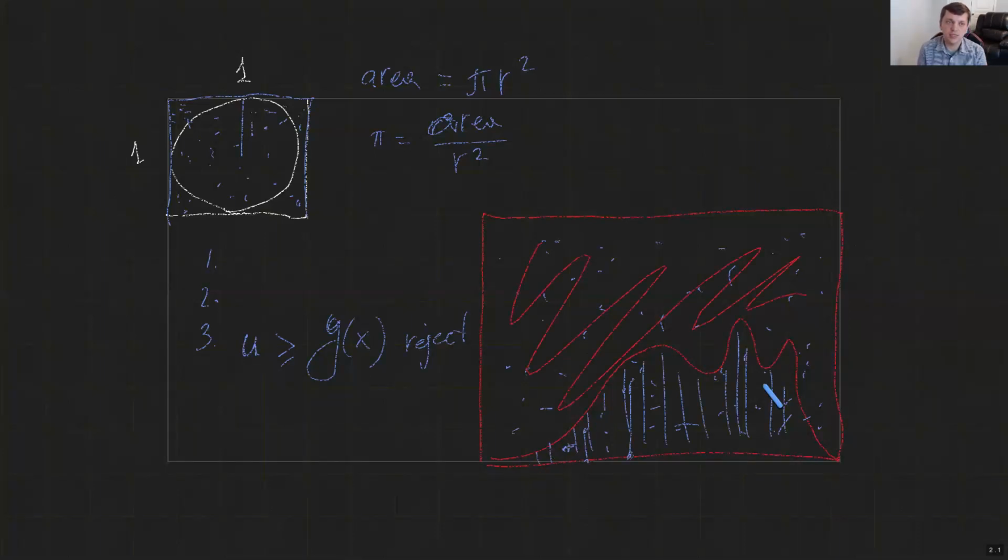And I stress it by this curve because it is insensitive to a constant factor on the curve. You can shift the curve up, down, or whatever. As long as it's within that circle that you're throwing your darts in or uniformly sampling, the samples will conform to this distribution.